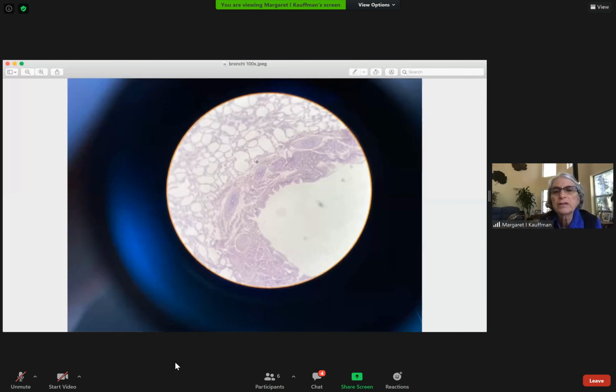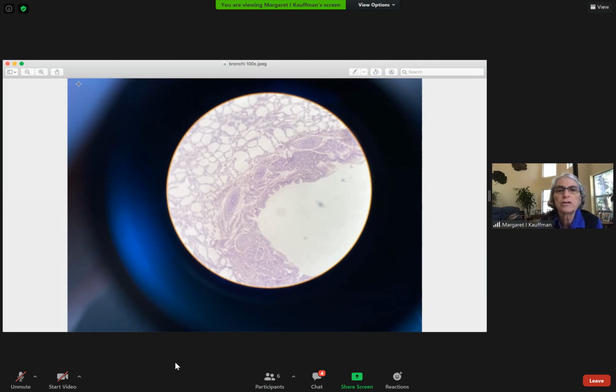So it's a little bit murky. Probably the lens wasn't cleaned enough, but hyaline cartilage, hyaline cartilage, hyaline cartilage. That's probably hyaline cartilage too, but it's a little bit blurry. Pseudostratified, ciliated. I could go higher, and you probably could too. There's muscle here too.